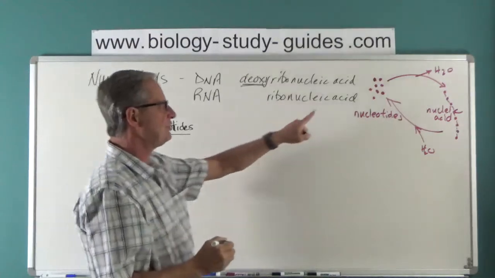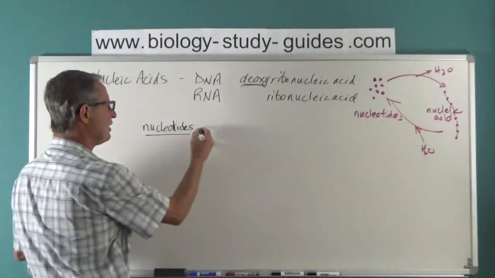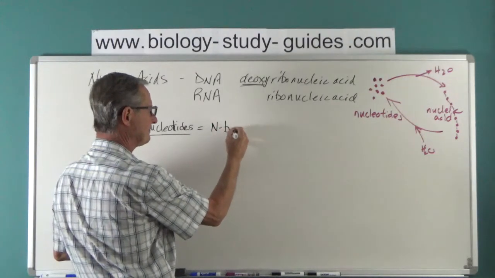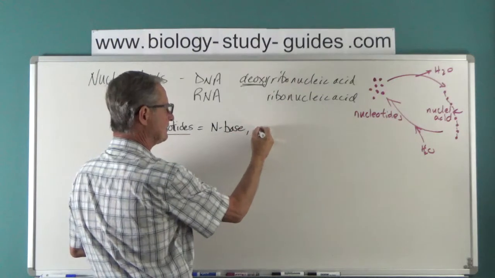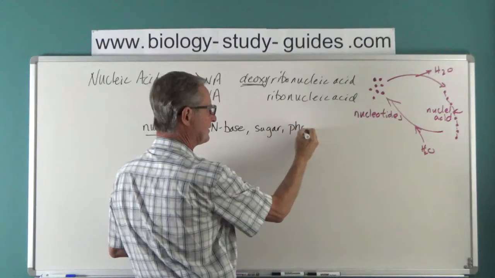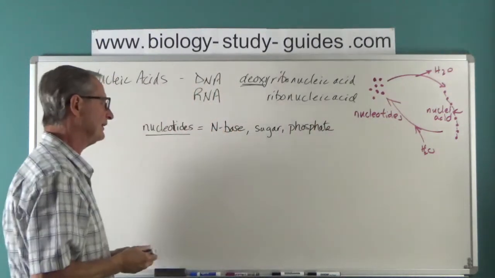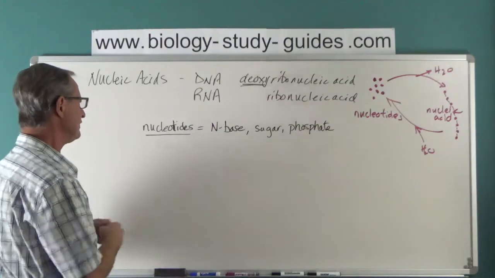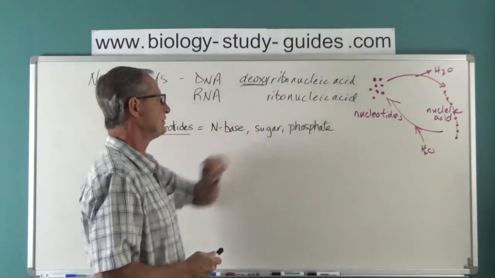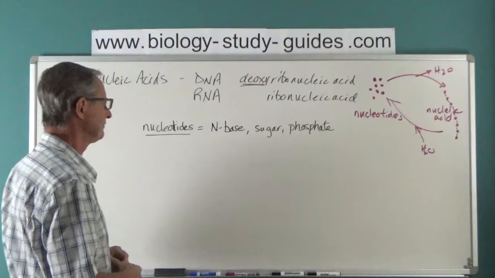In addition to nucleotides being the parts of nucleic acids, nucleotides themselves are made up of a nitrogen-containing base, a sugar, and phosphoric acid, or phosphate, as we call it, the phosphate ion. The sugar, if we're dealing with DNA, is deoxyribose. If we're dealing with RNA, it's ribose.